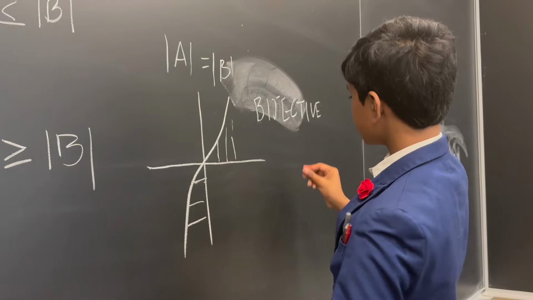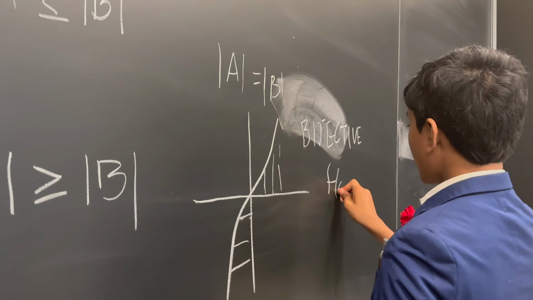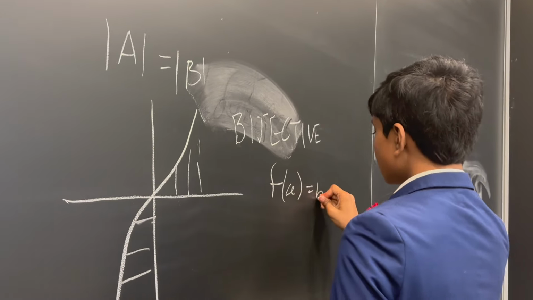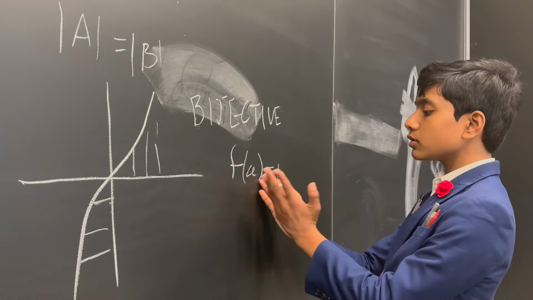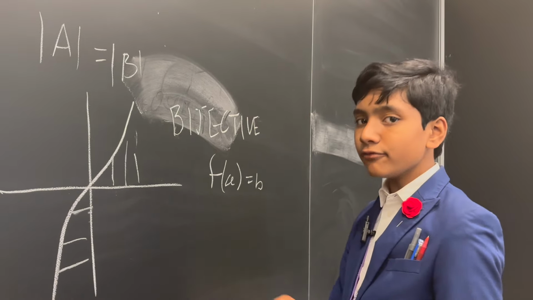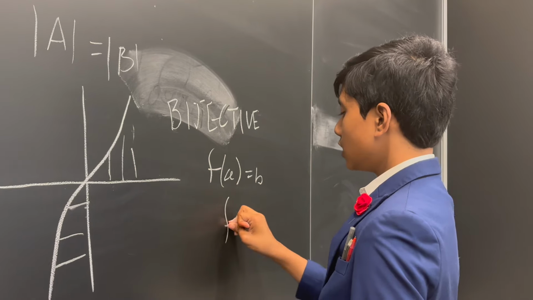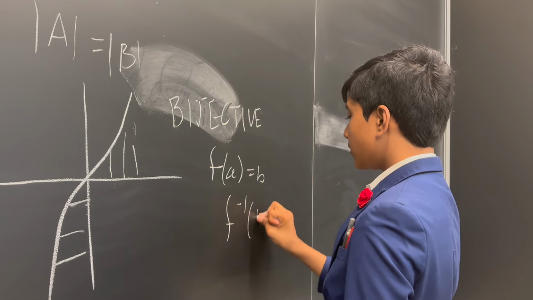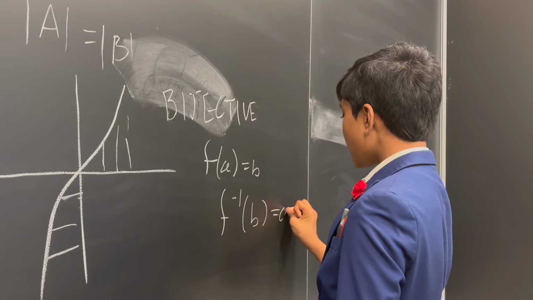Well, obviously, if we know that f of a is equal to b, and there's no other value we can put in to get b back, then the inverse function also exists. We can also have f minus 1 of b is equal to a.